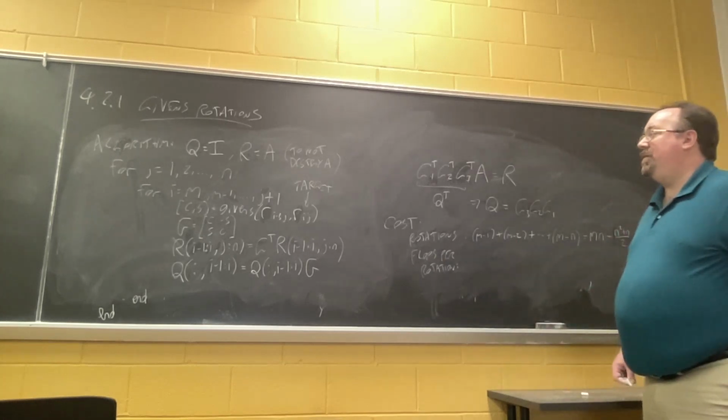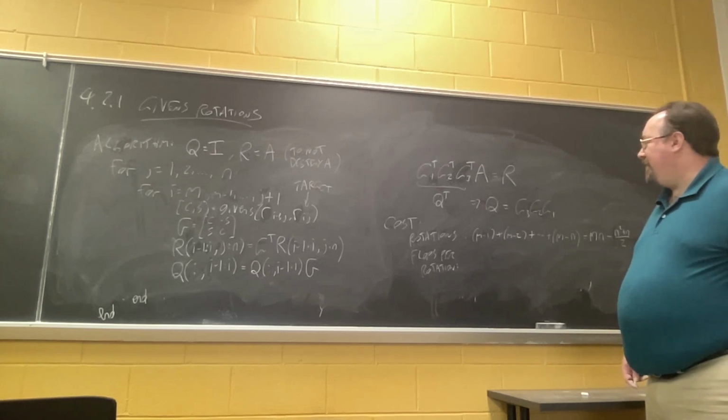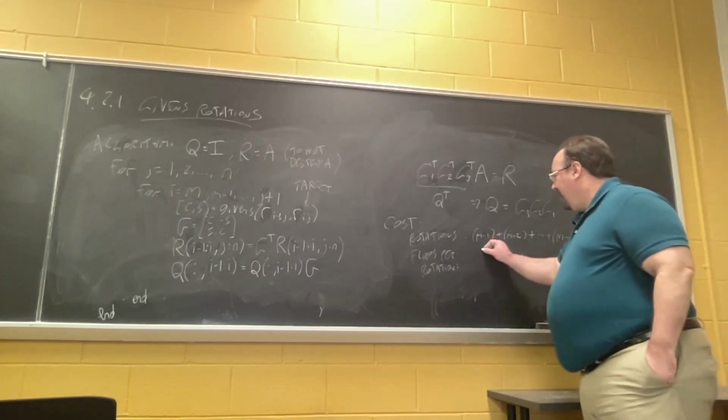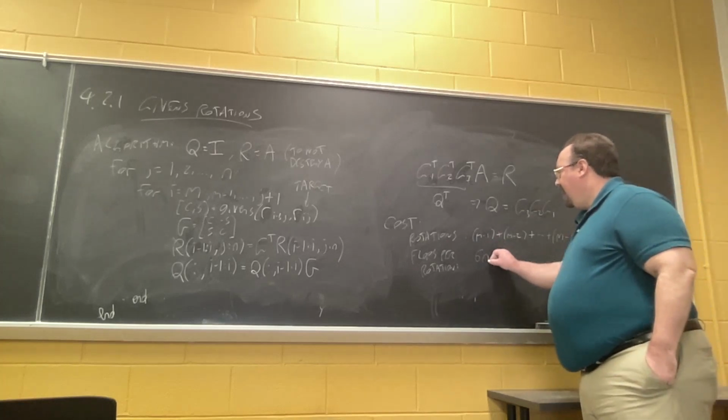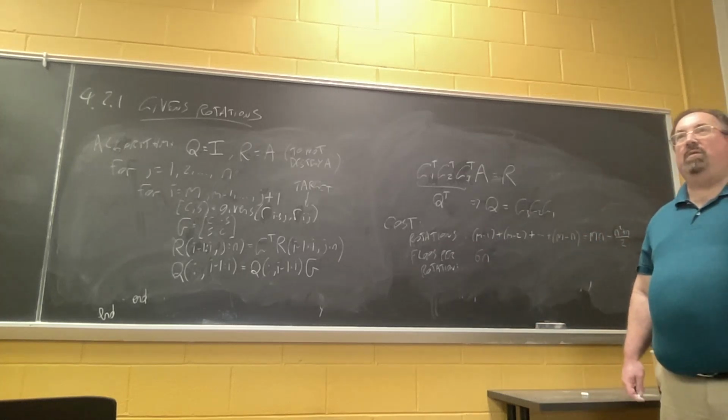What happens is you scale a row. I think it's going to be like 6n or so. I have to look more closely at that, but for instance, you take C times a row plus S times the other row and add them.